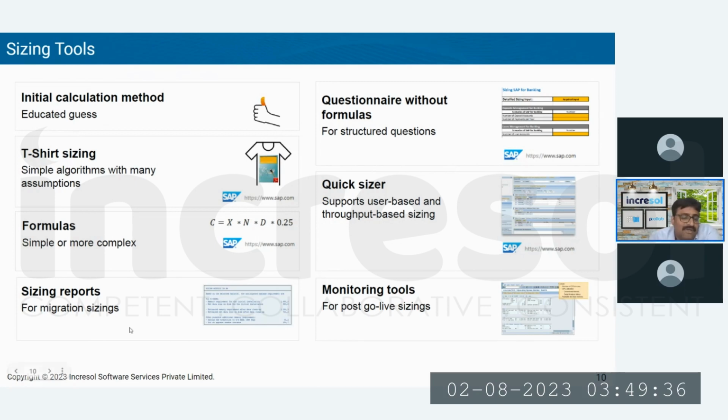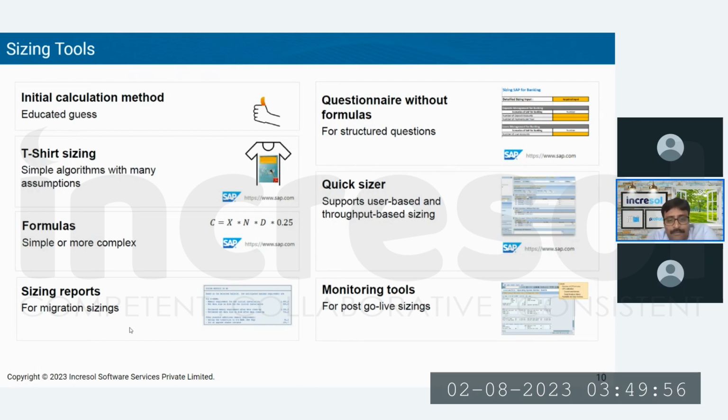Sizing reports. SAP already gave some pre-delivered reports in the systems to assess your sizing requirements, especially for HANA migrations. For S/4HANA migrations, there are reports because there is a big change in the data storage architecture of HANA versus other databases.